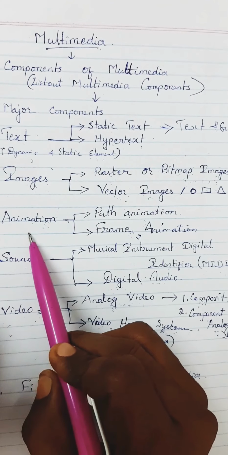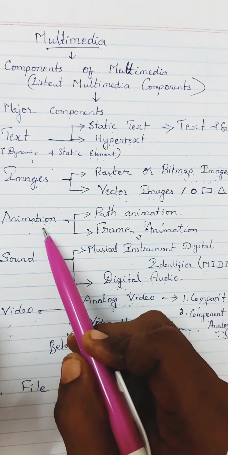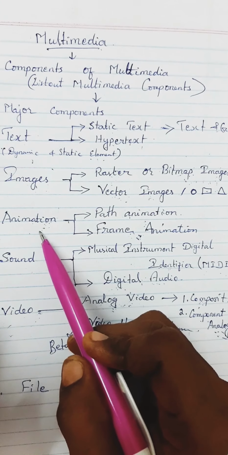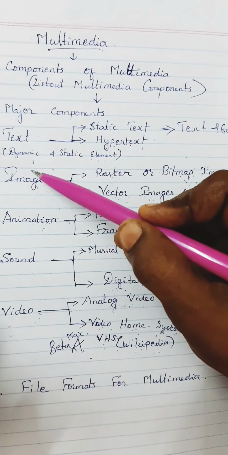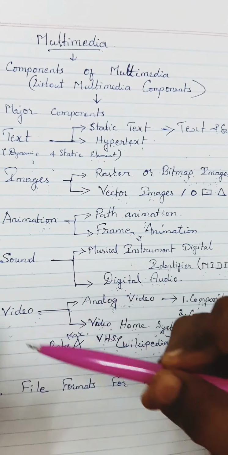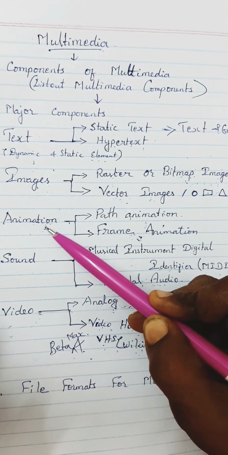Third one, animation. Animation, we already know, is animating pictures. Animation is nothing else than a combination of text, images, animation, sound, video, all together, with glittering color or multiple flickering.